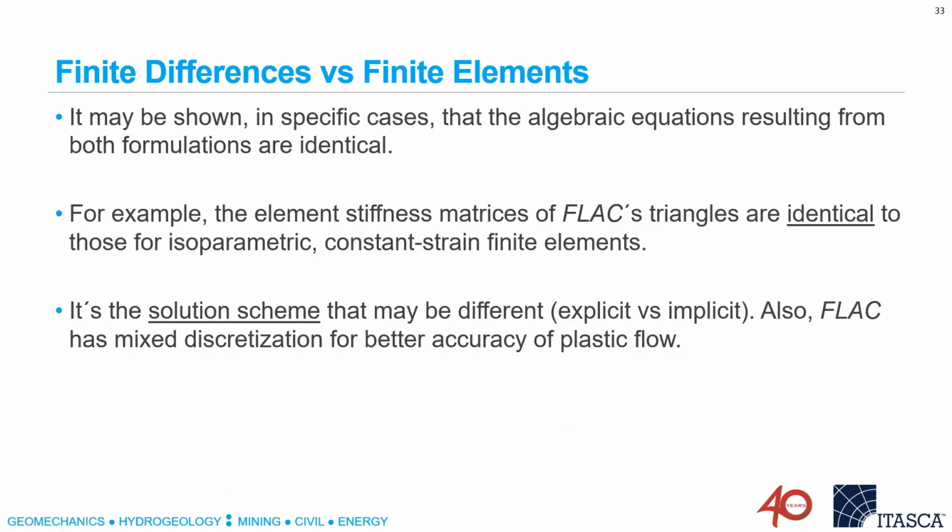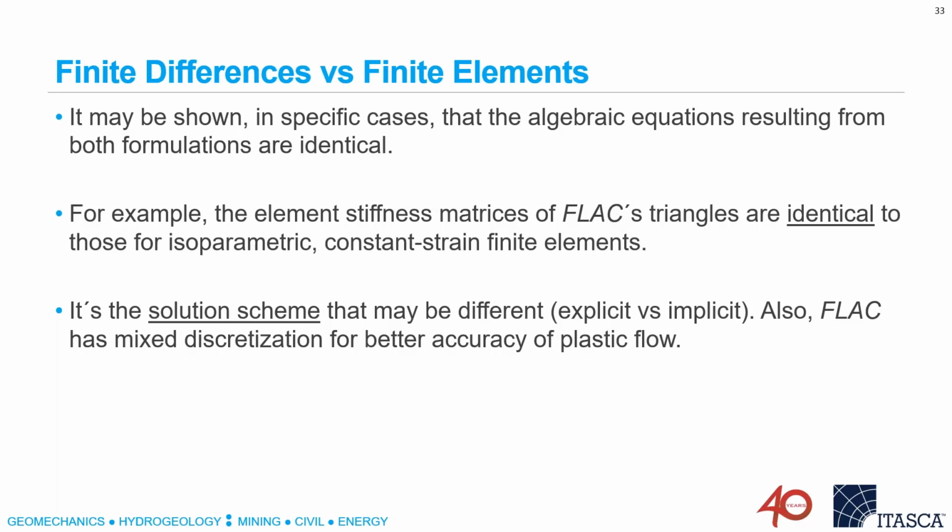So just to summarize that, we can in specific cases show that the algebraic equations resulting from both finite elements and finite difference are identical. And particularly for elastic models, they give identical solutions. The element stiffness matrix for the flat triangles or tetrahedrons are identical to those for finite elements. So there's no difference there. The real difference is in the solution scheme.